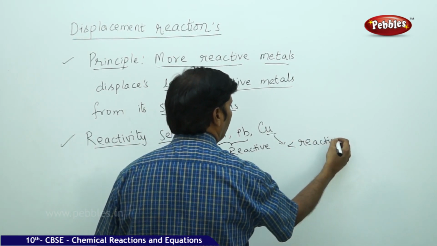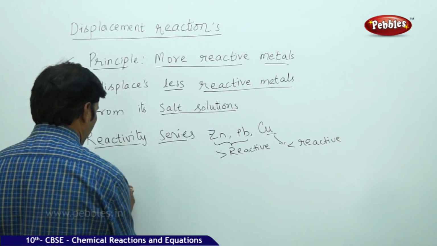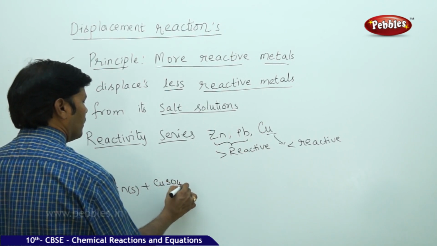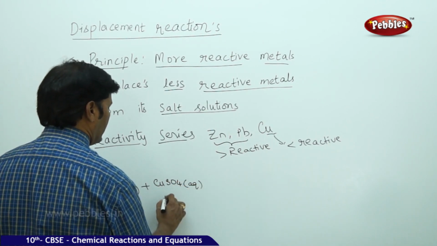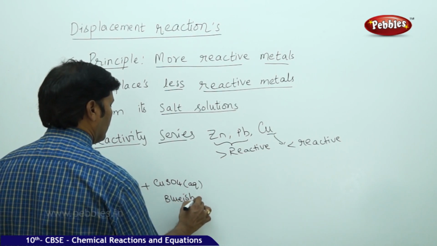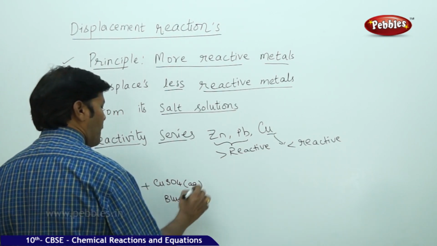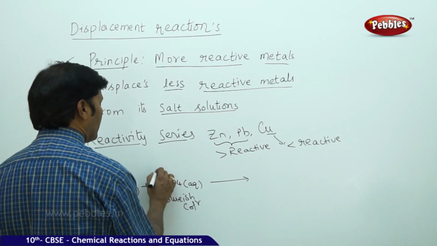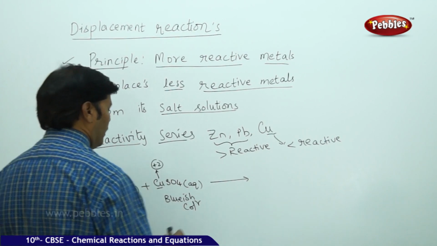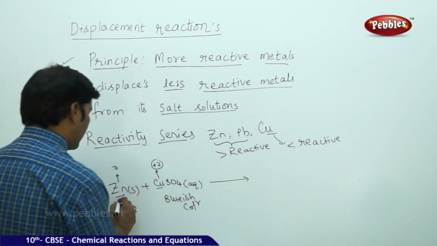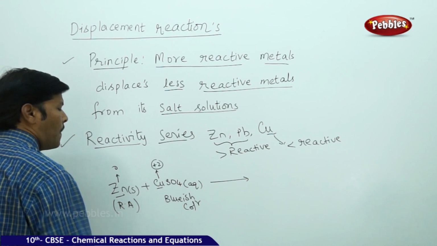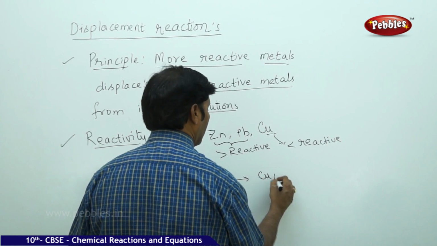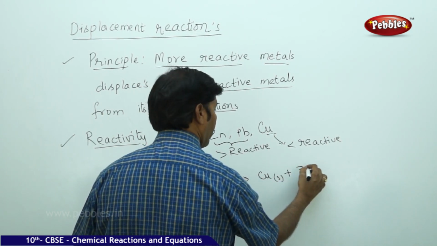So you can take one equation: zinc solid plus copper sulfate aqueous, which is a bluish color solution. Here the zinc oxidation number is 0, and in copper sulfate the copper oxidation number is +2. So this copper is getting reduced. Zinc is acting as a reducing agent. Then copper sulfate gets converted to copper solid plus zinc sulfate aqueous.